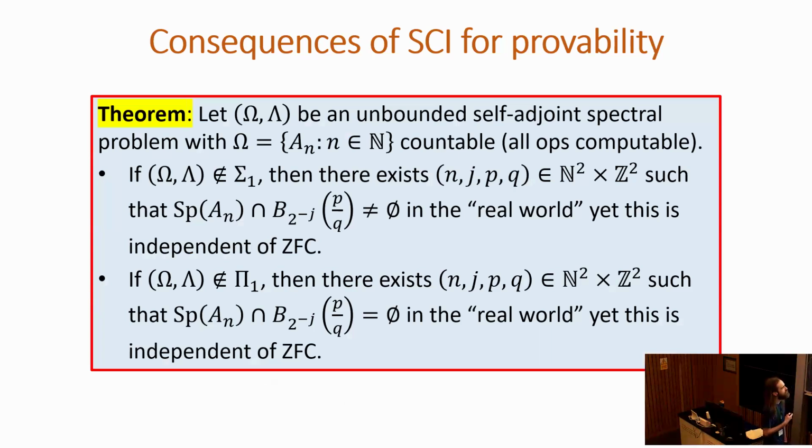So this is just to conclude about computability. Say we have this unbounded self-adjoint spectral problem with all these operators computable. If this problem is not sigma 1, then we can find a ball which intersects the spectrum in the real world; similarly for pi 1. I should clarify this real world thing.